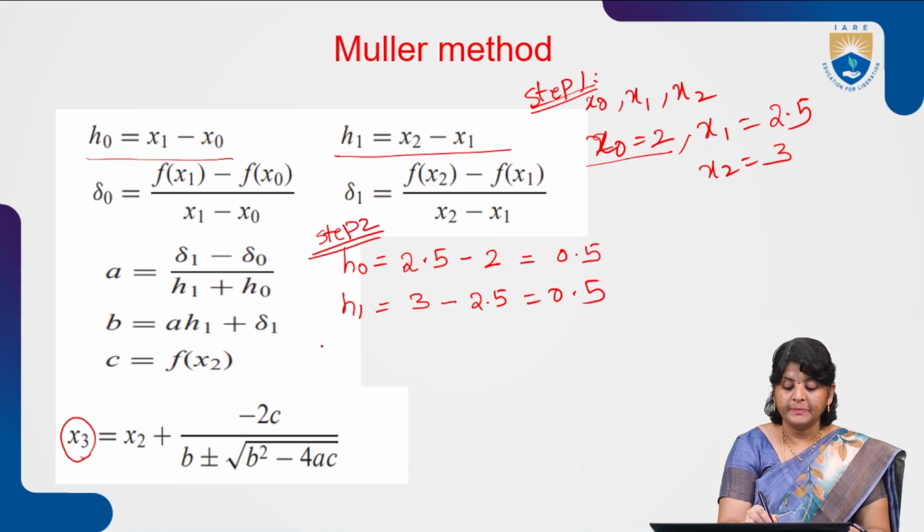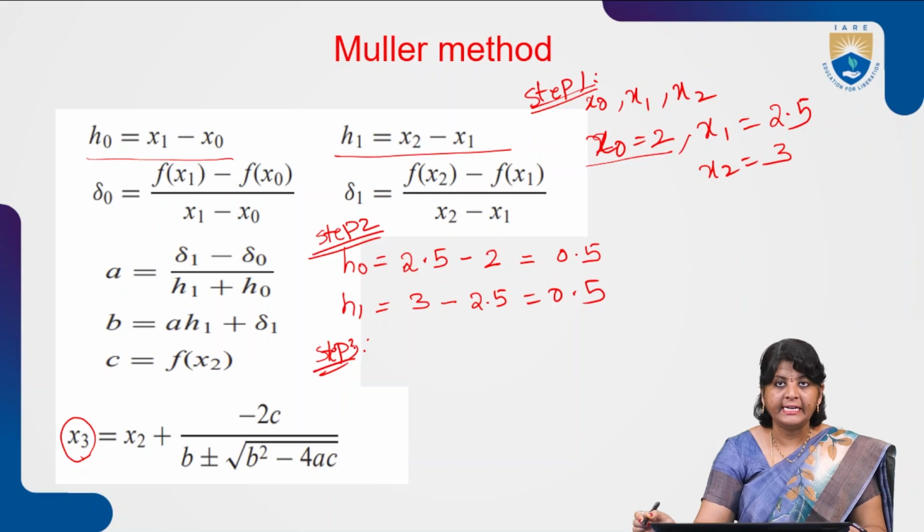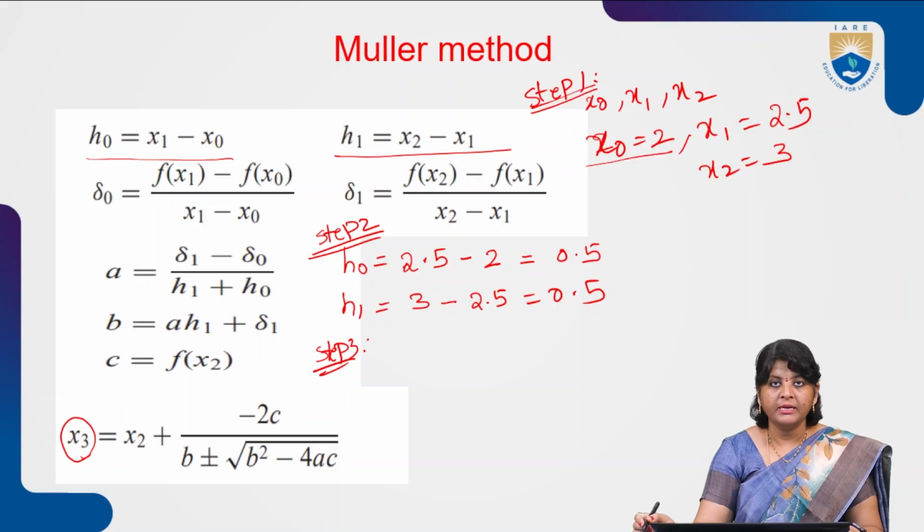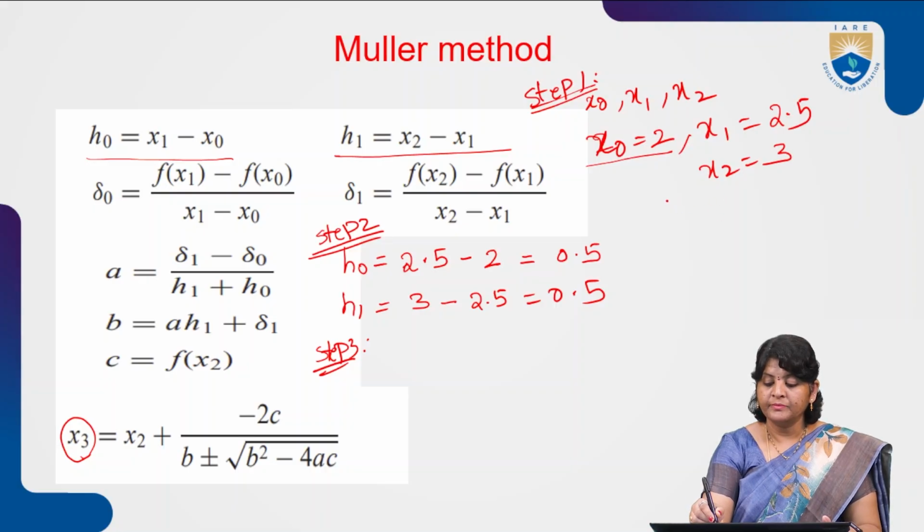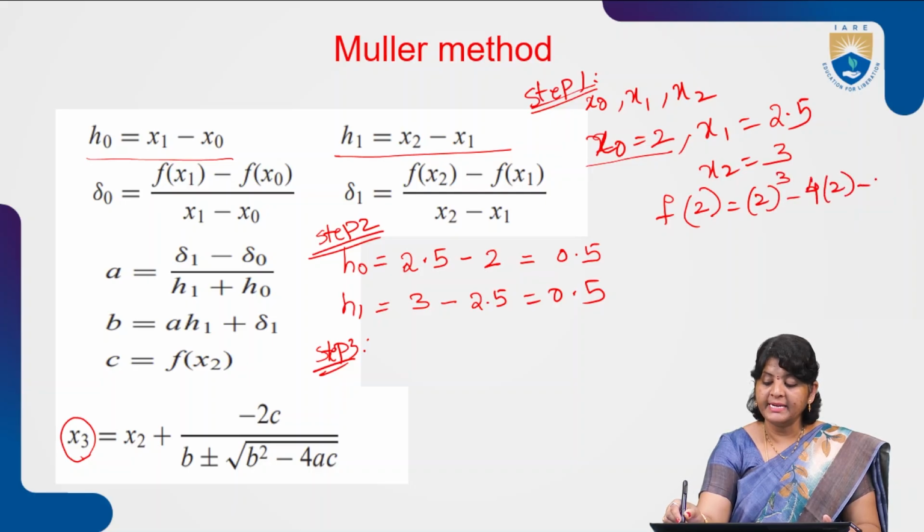Now step 3. We need to find delta naught and delta 1. To calculate that, we need f of x0, f of x1 and f of x2. Here we will use f of 2 in the function, substituting 2 cube minus 4 into 2 minus 9. So this value is minus 9.